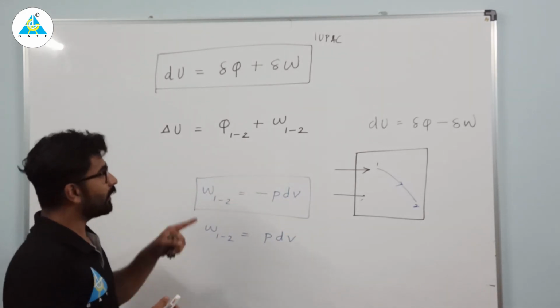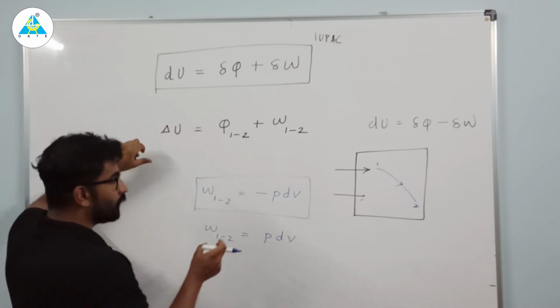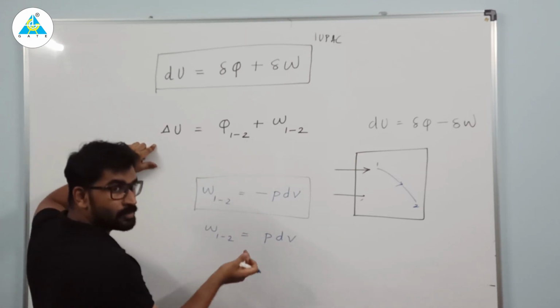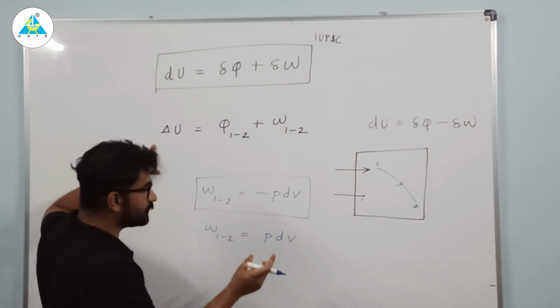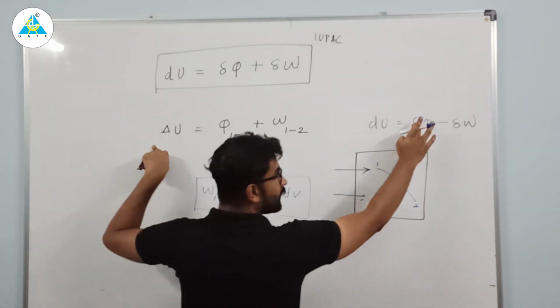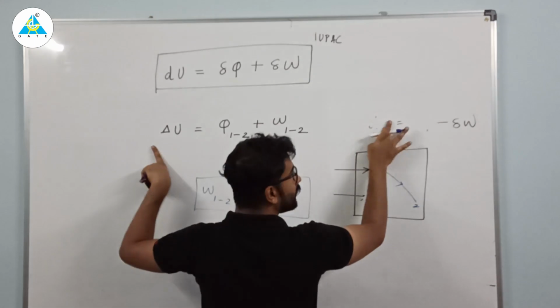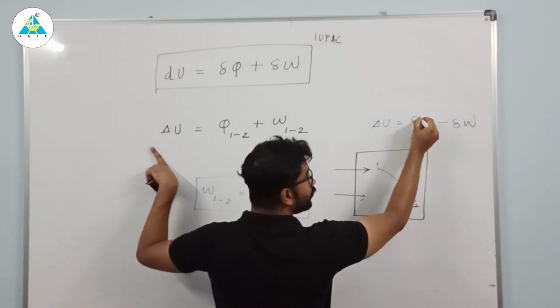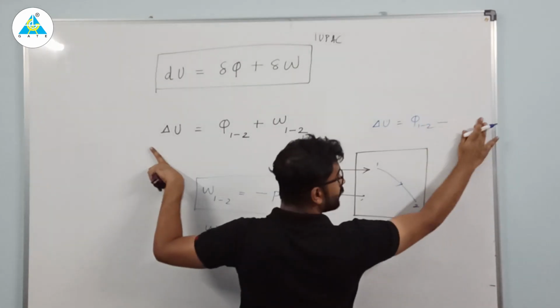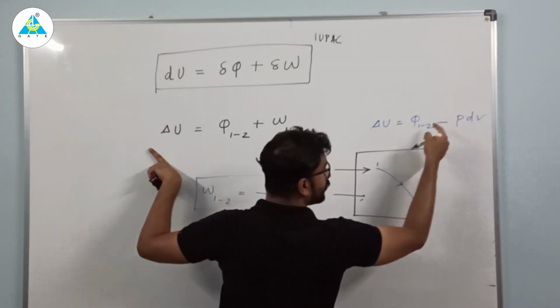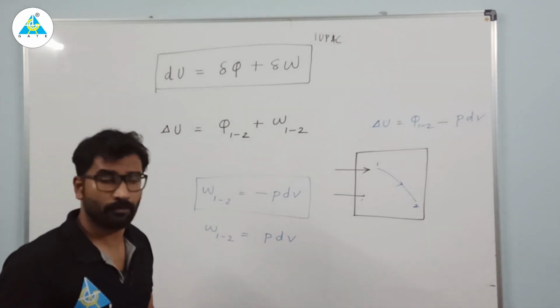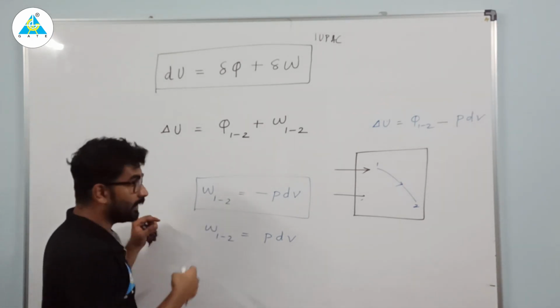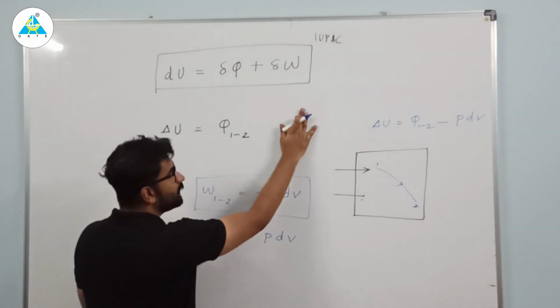If I am writing this equation, those who are writing based on mechanical engineering sign convention, उनका आंसर क्या होगा? उनका आंसर होगा delta U is equal to Q12, and what is del W for them? It is PdV. Q12 minus PdV. No problem. For chemical, those who are writing, W12 is minus PdV.